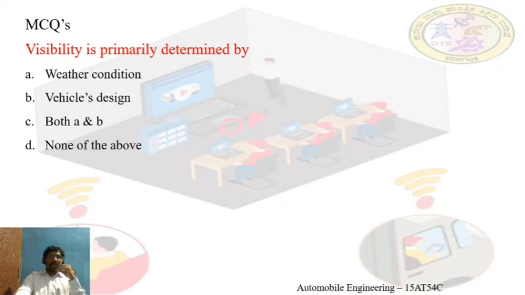If you do not design the vehicle properly, then definitely it's going to affect the driver's visibility. And even if the weather condition is not good, you might have observed that during the rainy season, it's very difficult for us to see through the raindrops. So the correct answer is option C, both A and B.